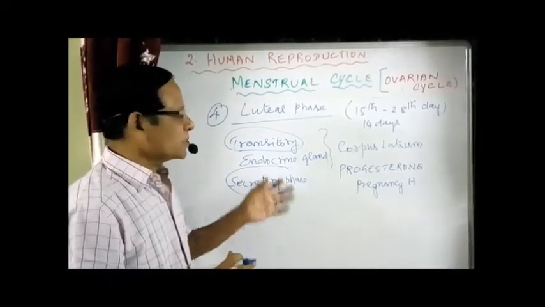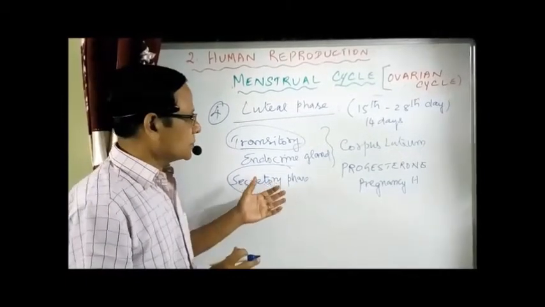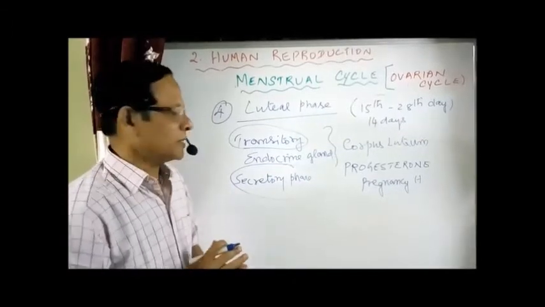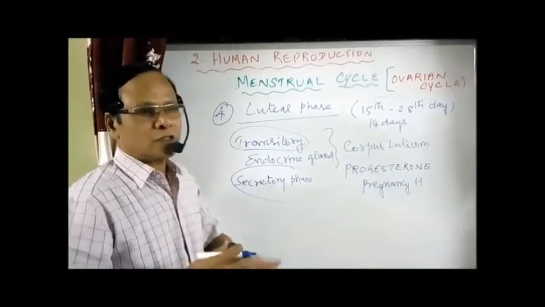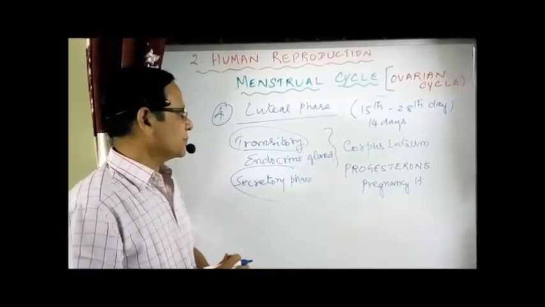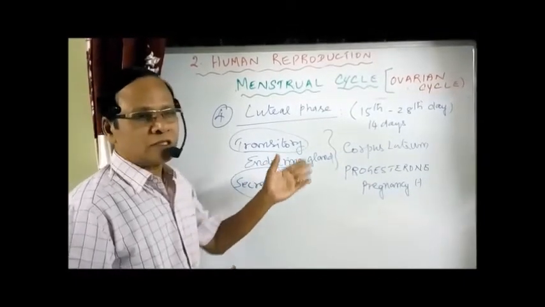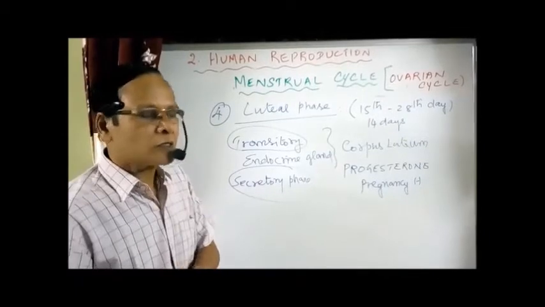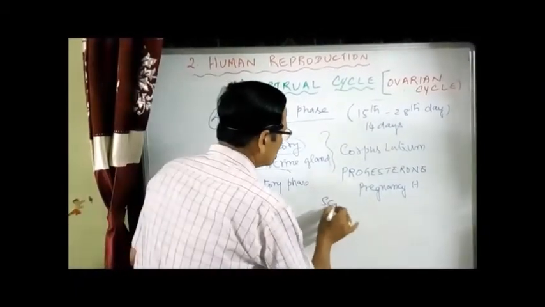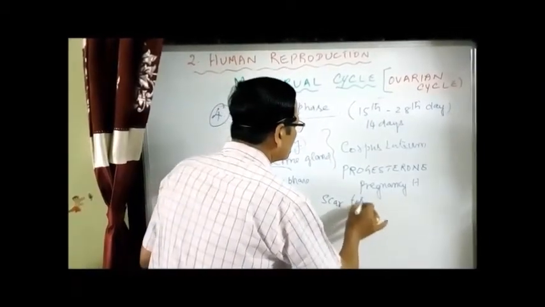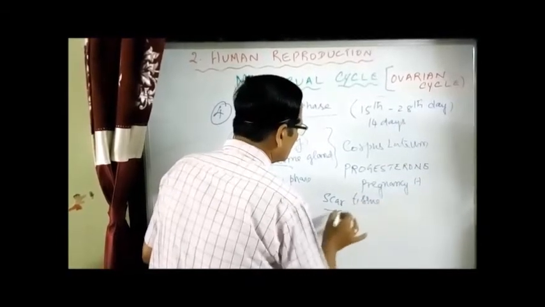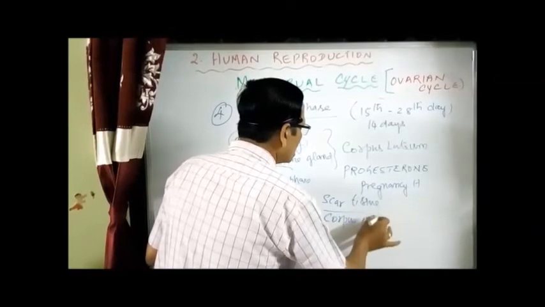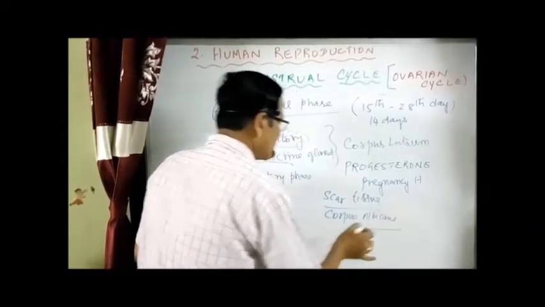If fertilization occurs, the corpus luteum continues to work and maintains the pregnancy period. Suppose there is no fertilization, what will happen? The corpus luteum degenerates and is replaced by scar tissue called corpus albicans, white in color.